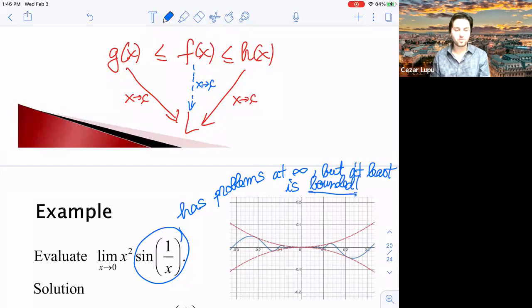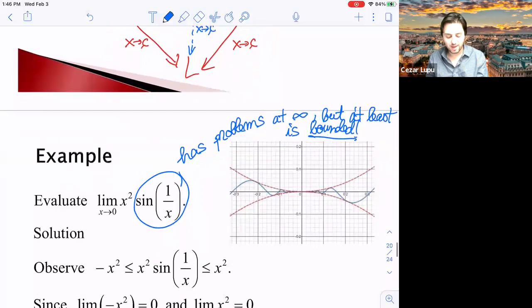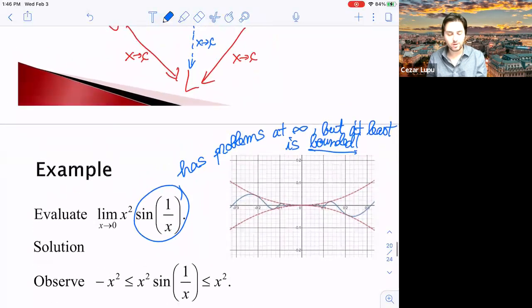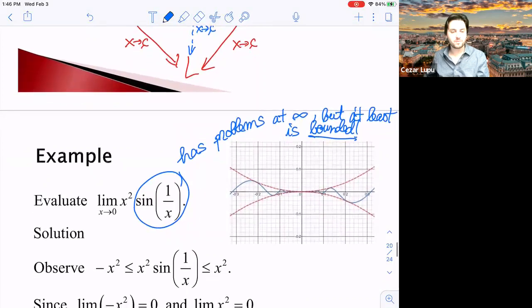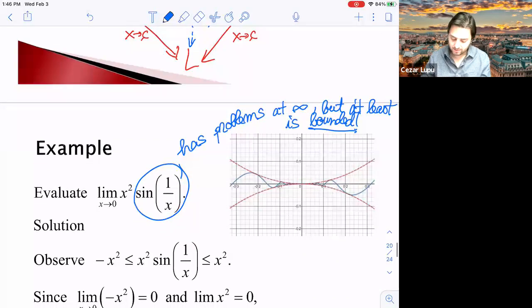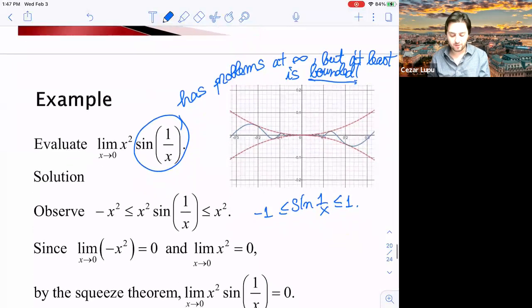When you have a problem with somebody, when you want to get rid of that somebody, right? So guess what happened? Since we know sine is bounded between -1 and 1, then sine of 1 over x is between -1 and 1. And guess what? I can squeeze these two.